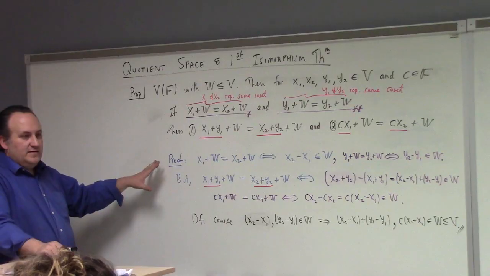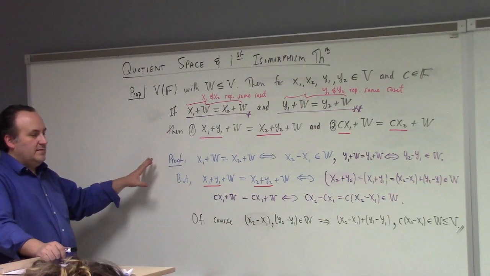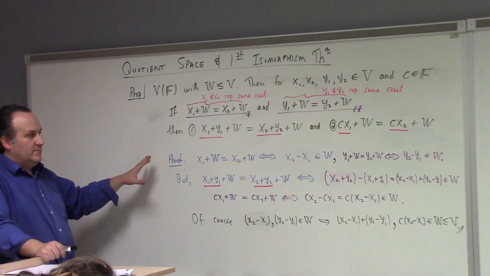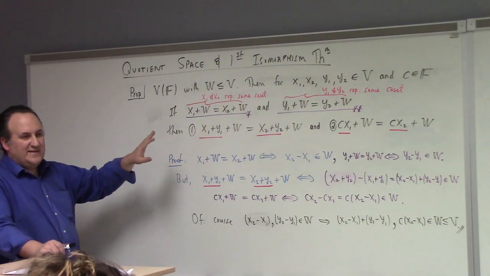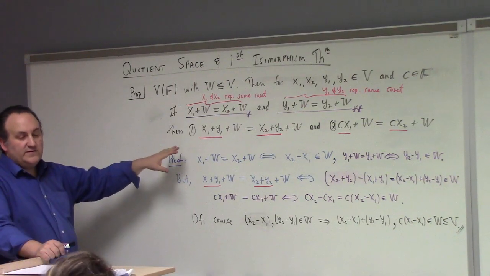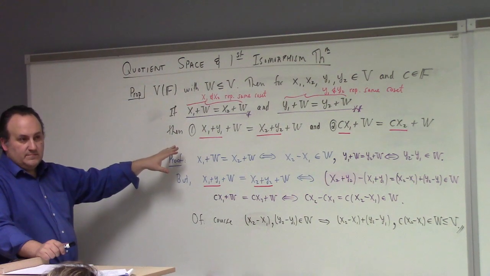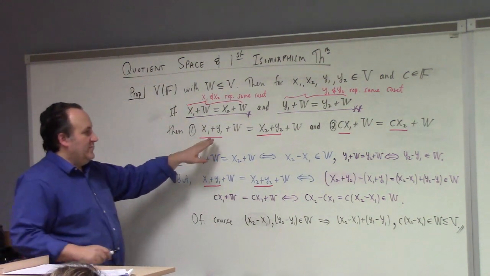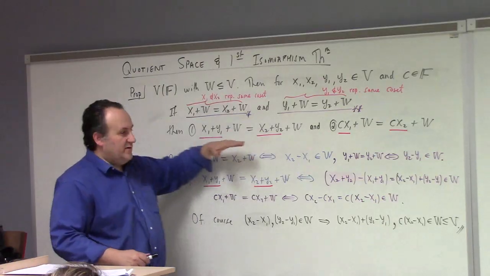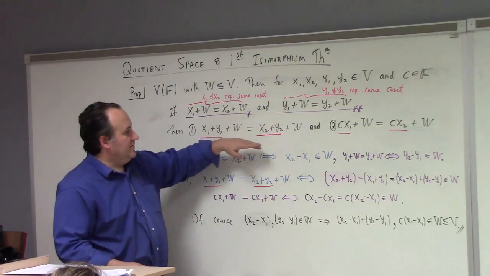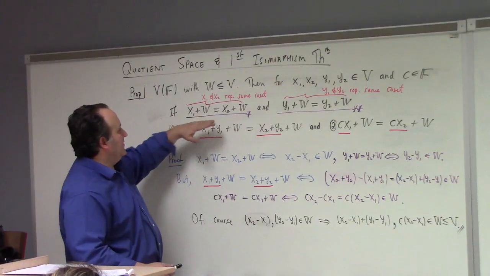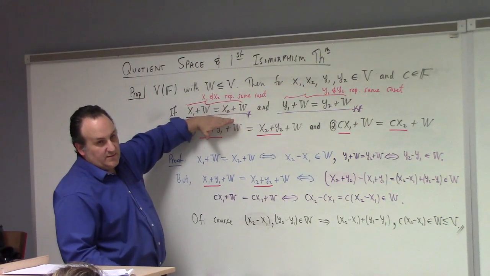What this means then is that the answer we obtain from number 1 or number 2 is independent of our choice of representative. See, it doesn't matter which representative I use for this given coset, and which representative I use for the coset x plus w.